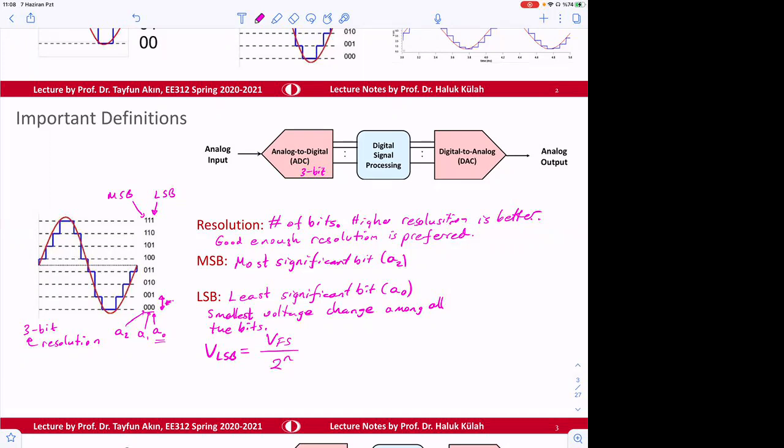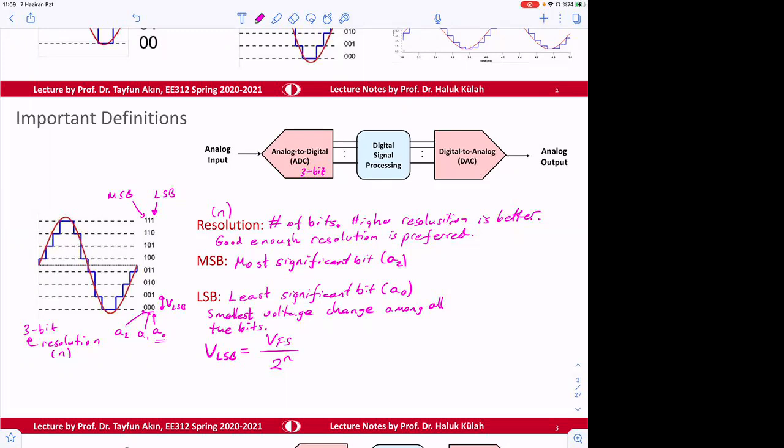What is n? n is the resolution. So this voltage is called V least significant bit.